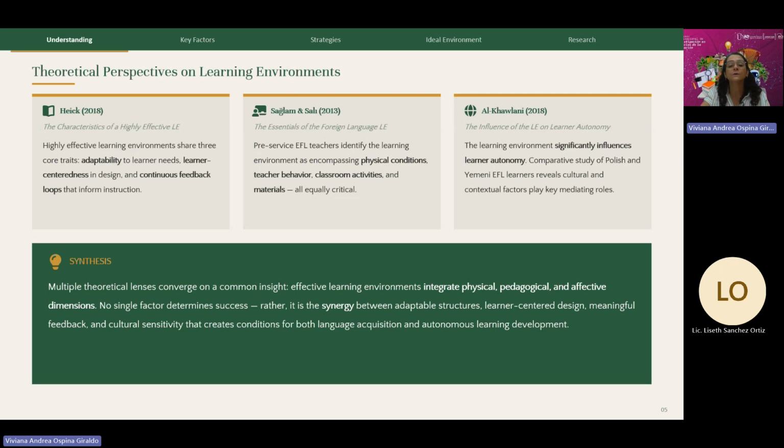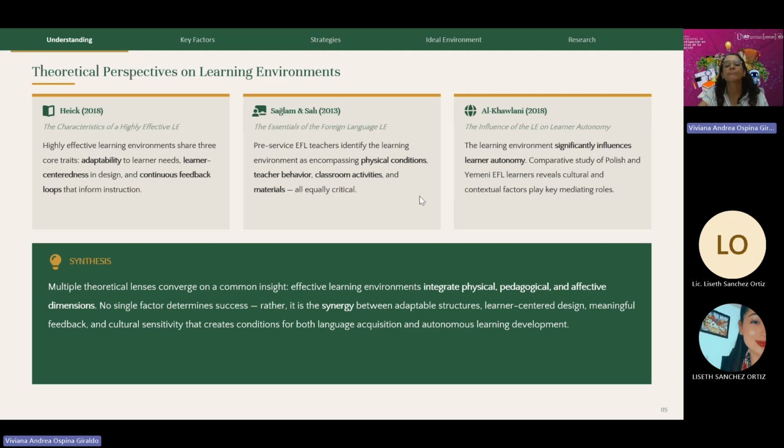Okay, and also we talk about this other author in 2013, where he talks about the essentials of the foreign language learning environment.